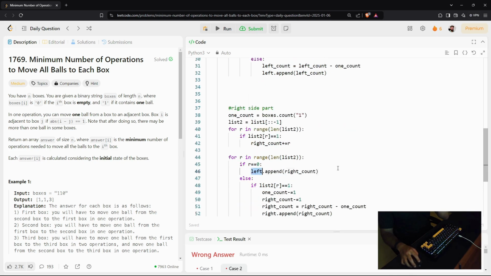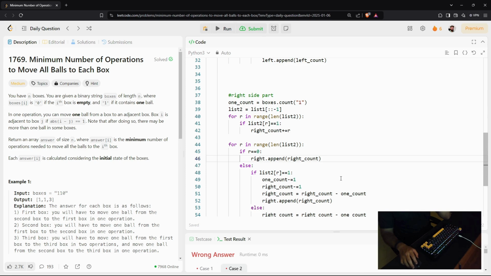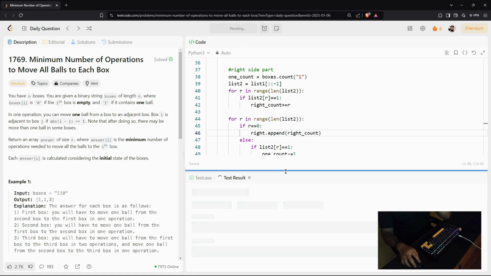Okay, it has to be right dot append. Otherwise, if we didn't do this, everything else will just go wrong. So this part is crucial. So now it's appended. I think now we should get the right values. Let's run it.